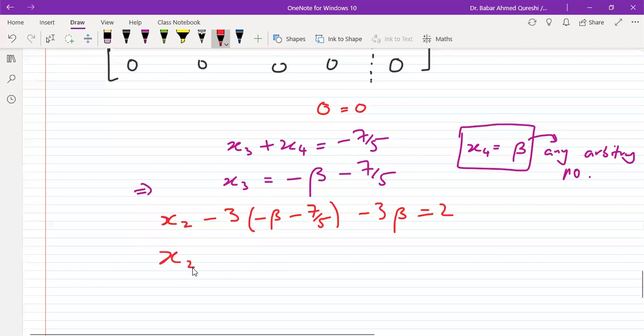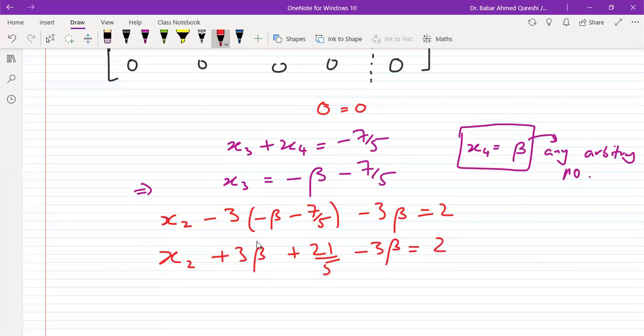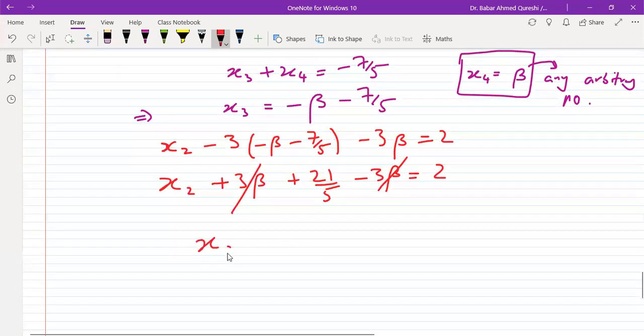So this gives me x2 plus 3 beta plus 21 over 5 minus 3 beta equals 2. So these betas cancel, and x2 is just minus 11 over 5.